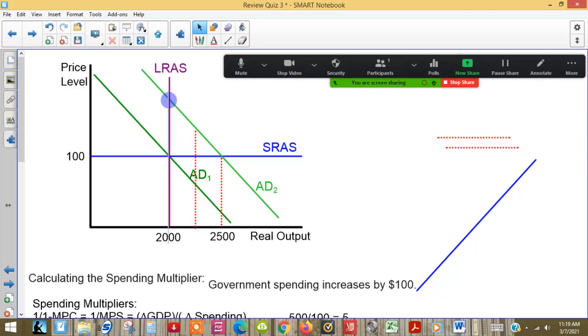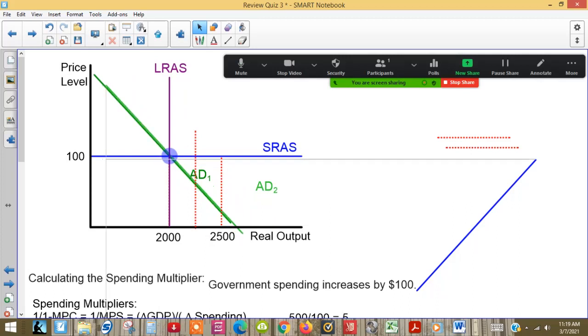So in this case, what would happen is when you shifted the aggregate demand, the only thing that would change, because now prices are perfectly flexible, is prices would quickly adjust.